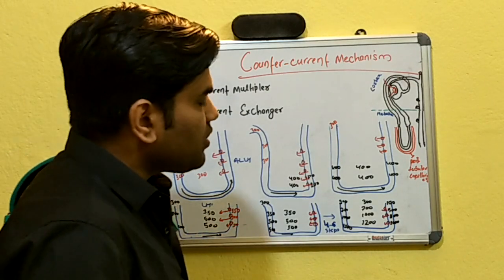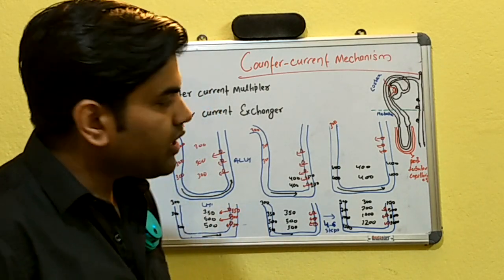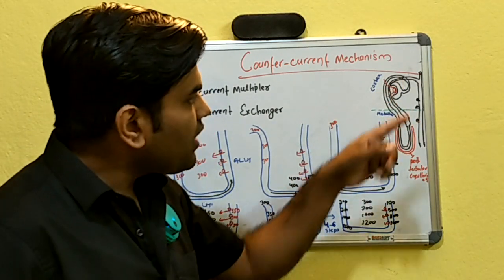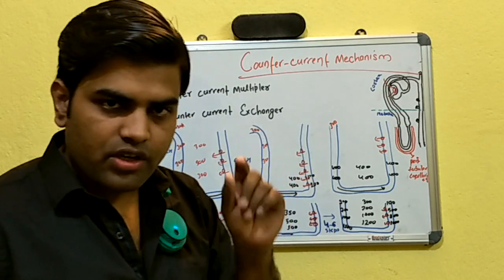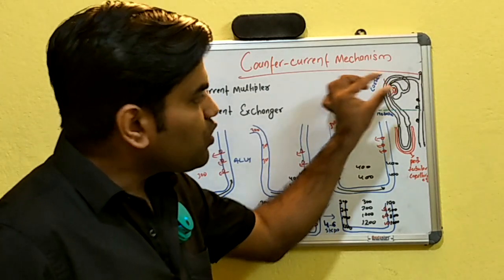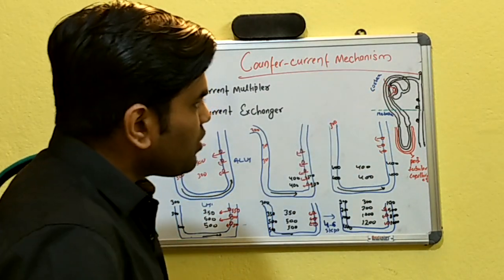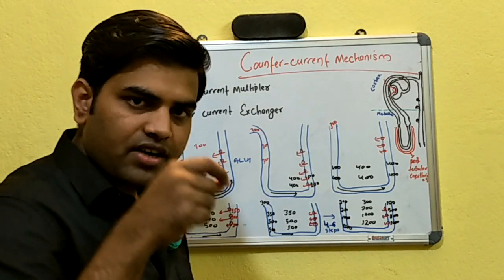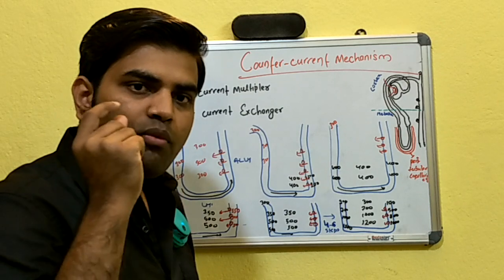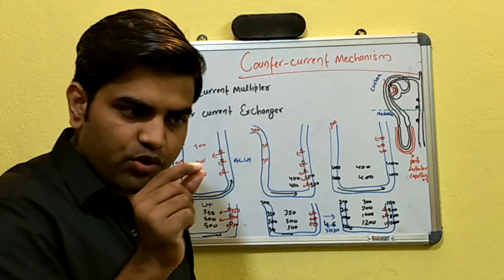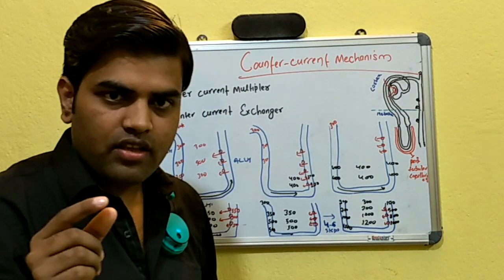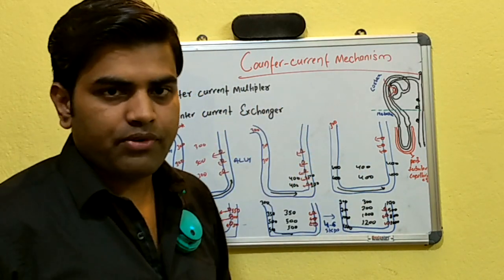Okay. Now the other term is facultative. Facultative is in the presence of ADH. You know that ADH is secreted by the posterior pituitary, and ADH is antidiuretic hormone, which is required for water absorption. When ADH is secreted and reaches there, it acts on the receptors and forms aquaporins. The aquaporins create pores, the water channels, through which water gets absorbed.